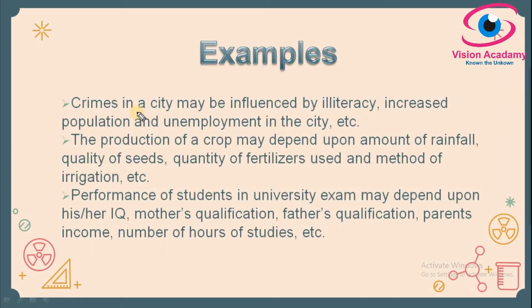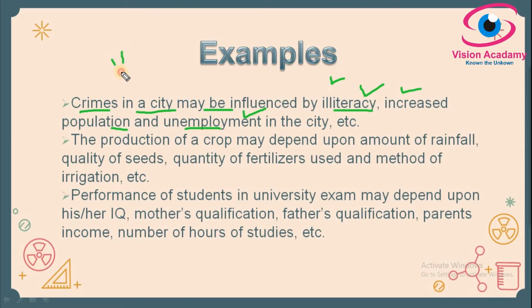So crimes in a city may be influenced by illiteracy, increased population and unemployment in the city. In such an instance, we need to apply multiple correlation. Here crimes is the dependent variable; illiteracy, increased population and unemployment are independent variables. If the people are literate, then crimes may fall.